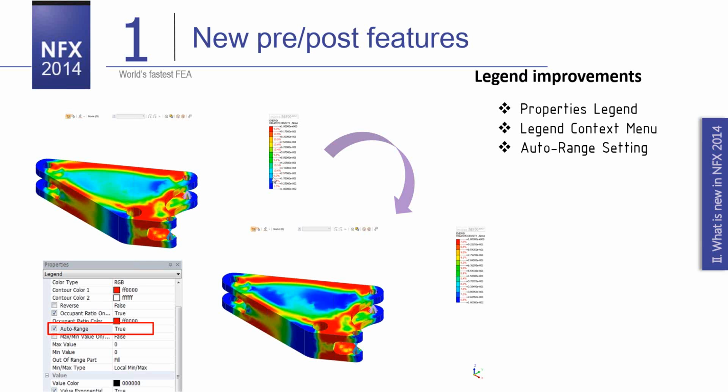So it happens that you have a big concentration of displacement, maybe, or stress in one color, and then a very huge, let's say, stress in another color, in the red. So you see only one small red point on the screen. If you use this auto range, it will automatically change that, so you have the same percentage of stress in each of the colors. So it's much easier to visualize all that.